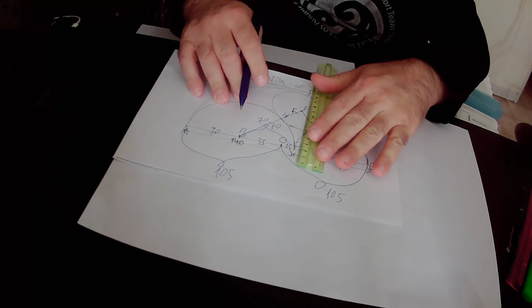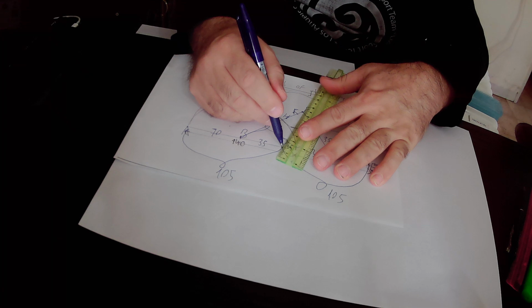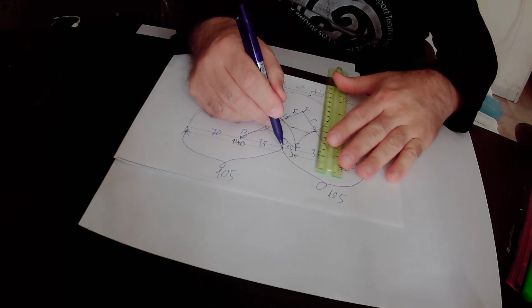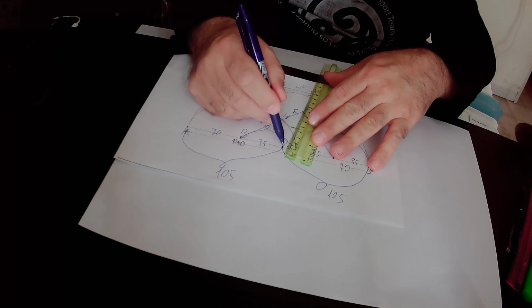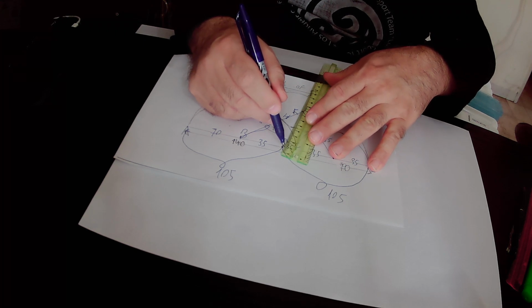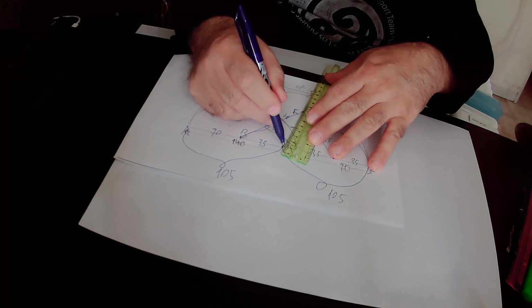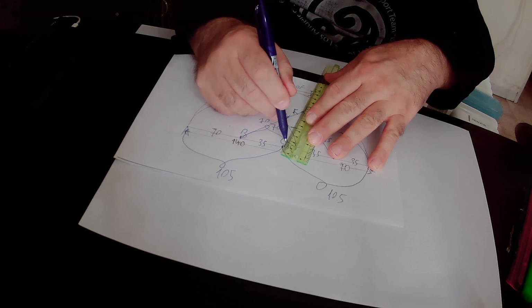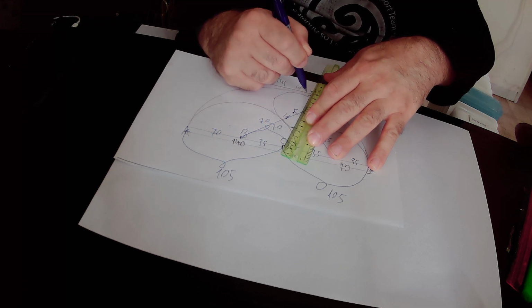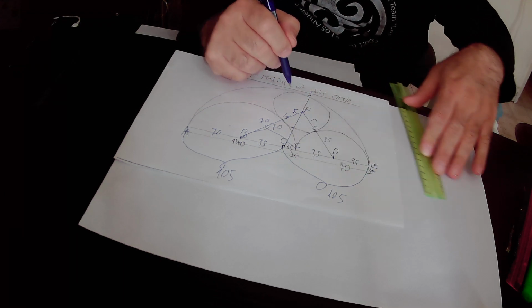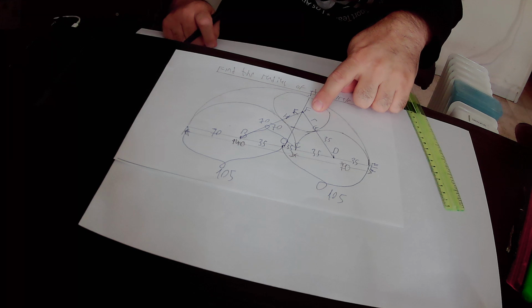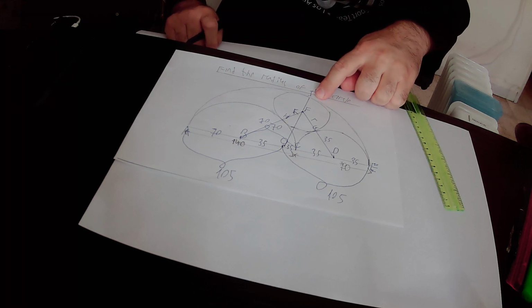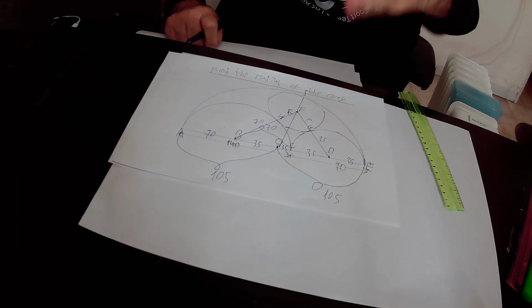Again, OFI is one straight line, according to rule number 10. Point F is the center of the circle. Point I is the point on the circle itself. This is exactly the definition of a radius.